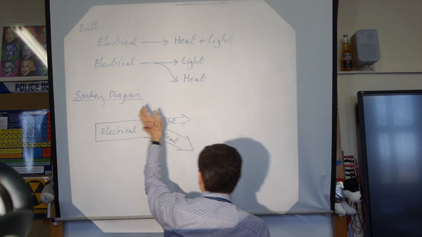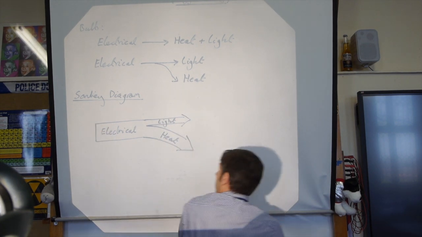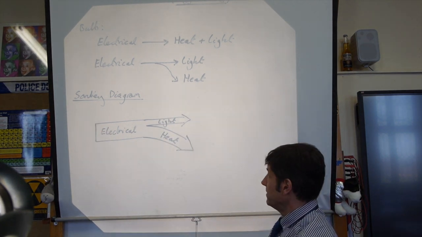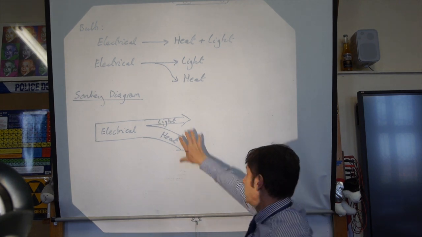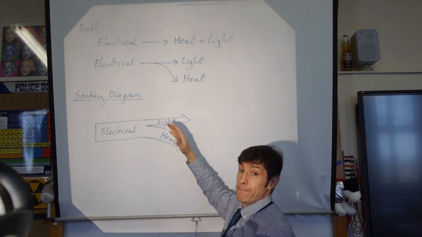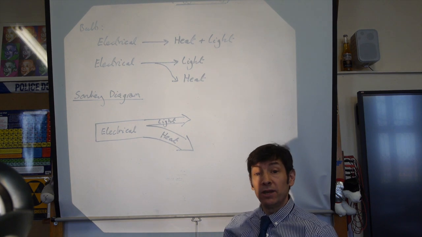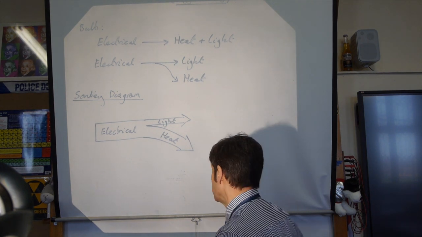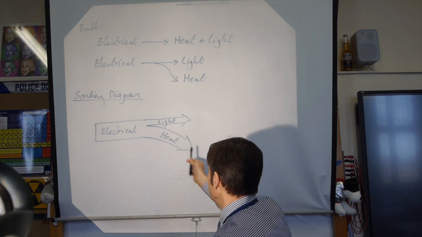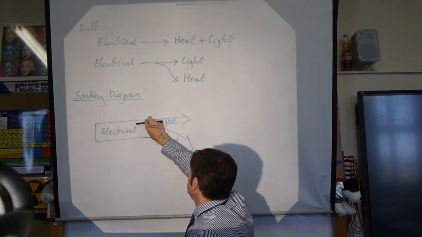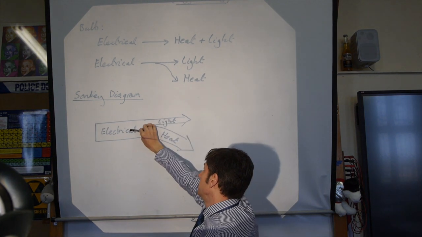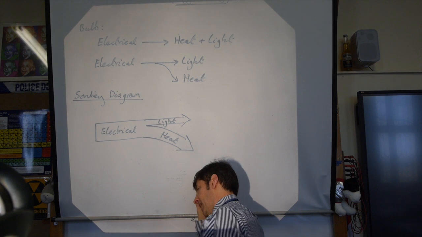Which way do the arrows point? Well, they always go from left to right at GCSE. And which way do these point? Okay, who knows? They can be in all sorts of different directions. You usually draw the energy that's useful this way and the energy that's wasted being dumped downwards.